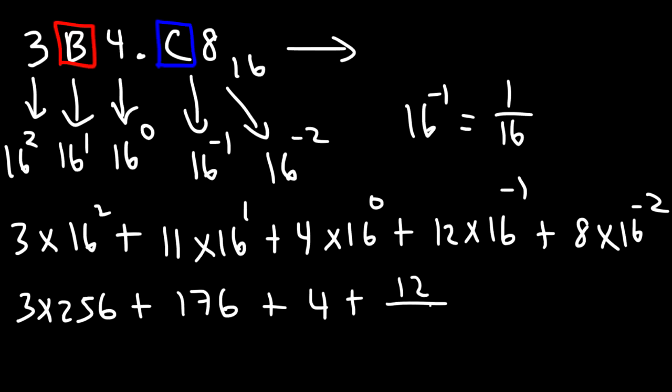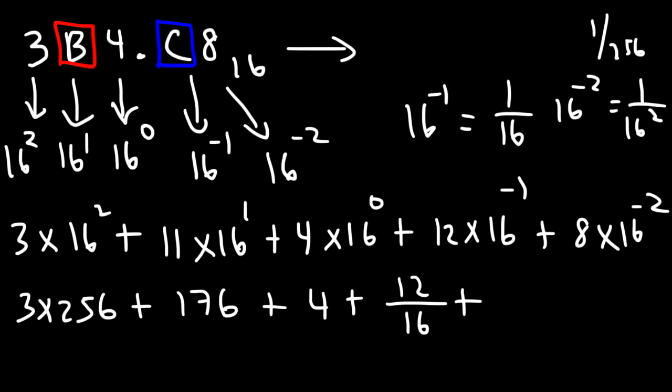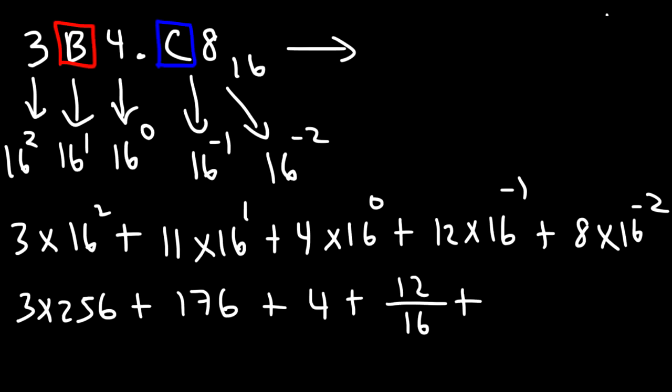We're going to take 12 and divide it by 16. And now 16 to the -2, that's 1 over 16 squared, which is the same as 1 over 256. And so we're going to divide 8 by 256. So this is going to be plus 8 divided by 256.